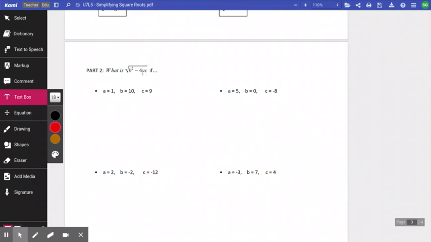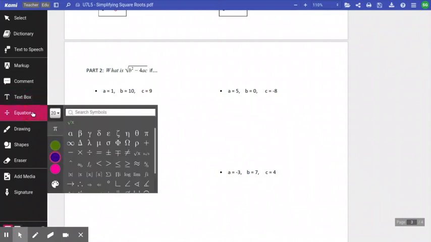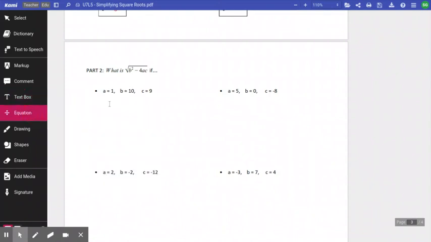So in order to figure this out, all we've got to do is substitute in these numbers and then figure out what it equals. So for this one here, I've got the square root of b squared. Well, I can start off with my square root. Instead of writing b squared, b is 10, so I'm going to write 10 squared minus 4ac.